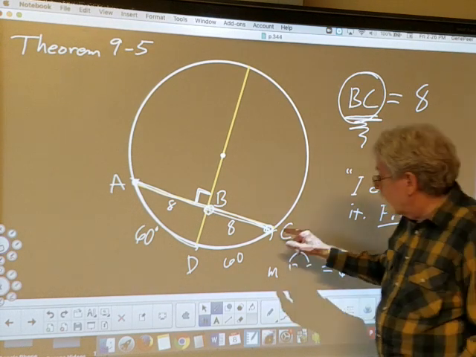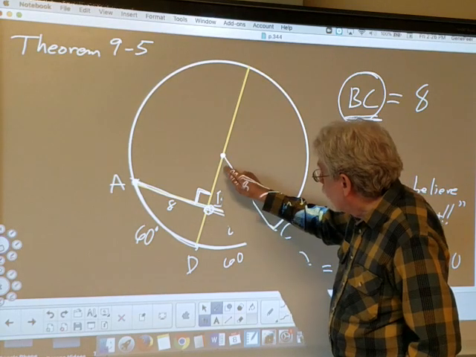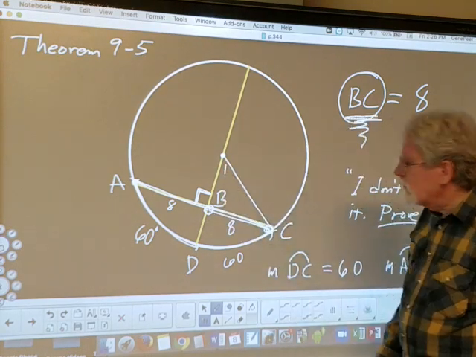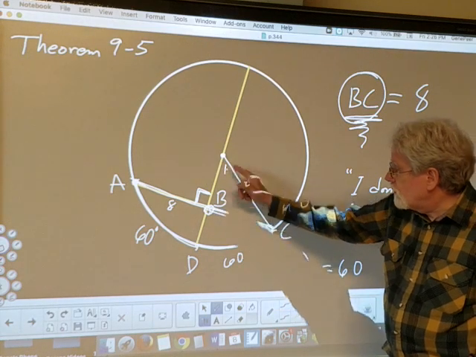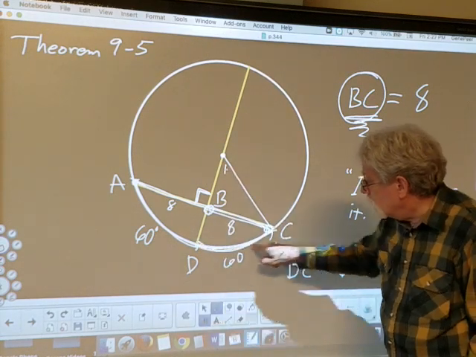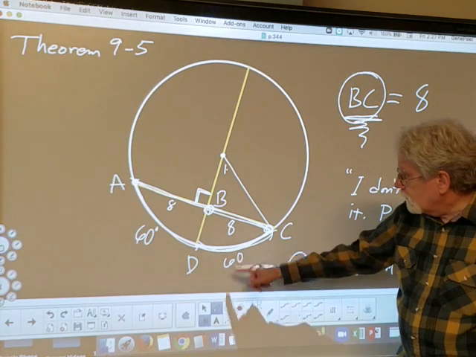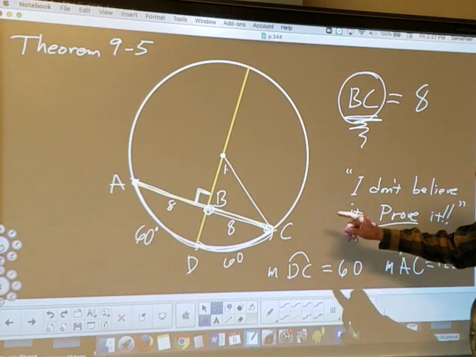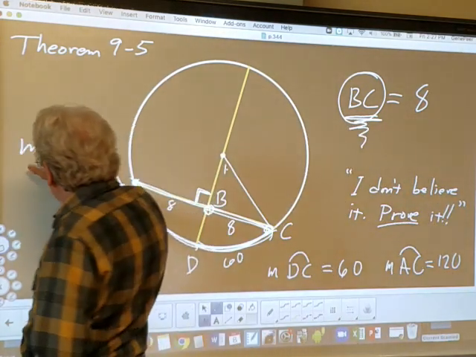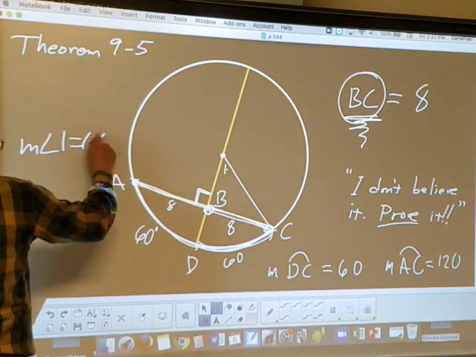And here's another question I could ask you. Let's put a little 1 right here. What's the measure of angle 1? By definition, an angle's measure is equal to its arc measure. So if the arc is 60, the central angle must be 60 also. So the measure of angle 1 is 60.